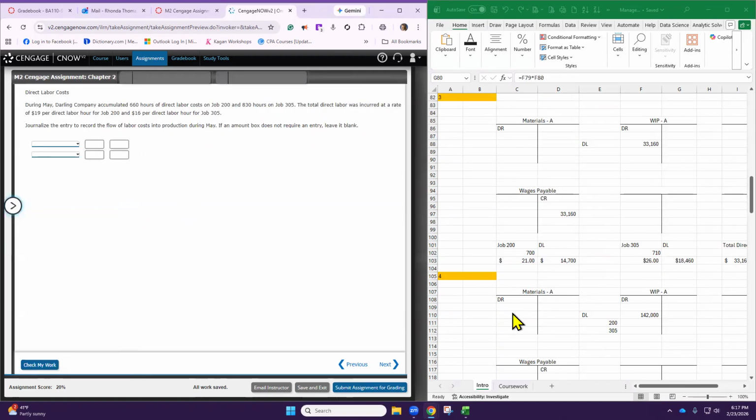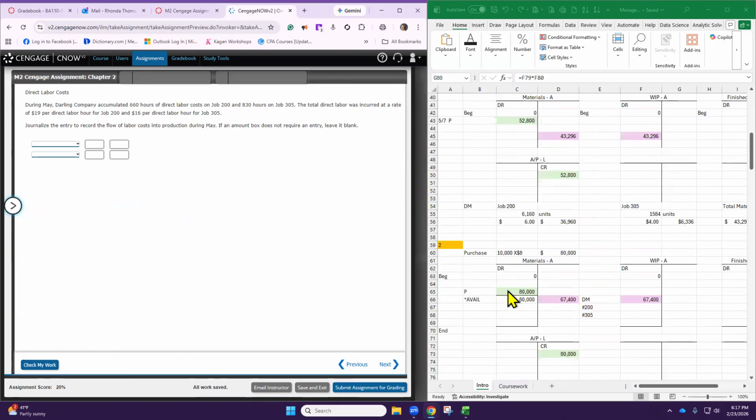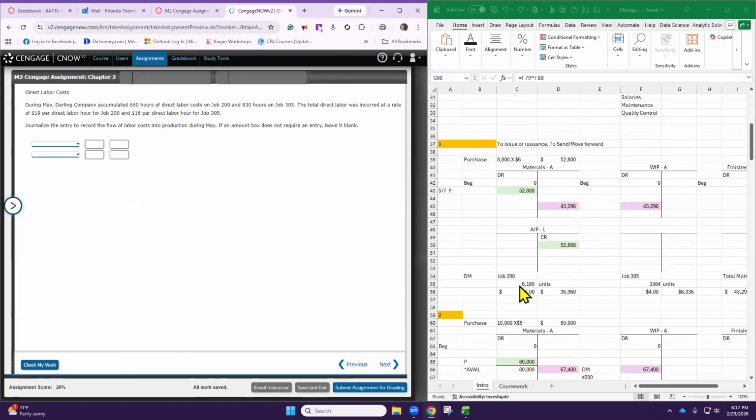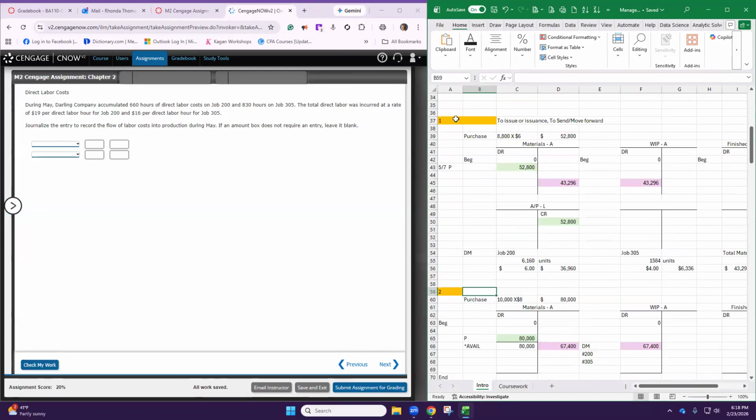Okay, this is going to be about direct labor. The first 2 was direct materials. In fact, I'll put next to the number direct materials, direct materials. Nothing wrong with identifying what you're working on. Direct materials.